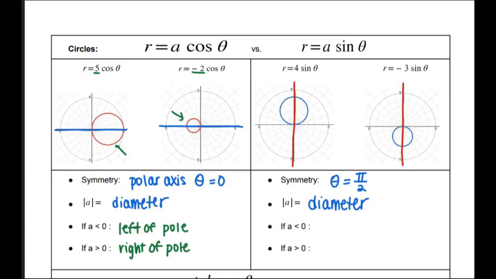And then for sine values, if a is positive, it's above the pole. And if a is negative, then it's below the pole. So when a was negative, it was below the pole. And when a is positive, it was above the pole.